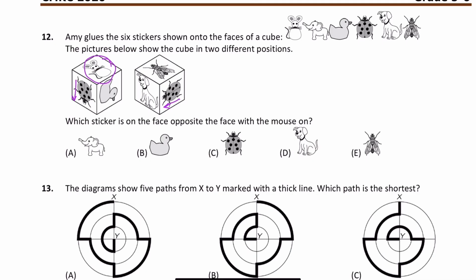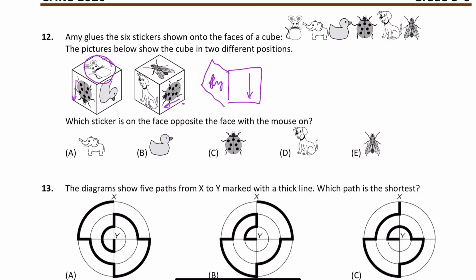It's basically like this cube is gonna be sitting like the ladybug will be down over here, I guess, on this paper, which would move the position of our fly to be over here.